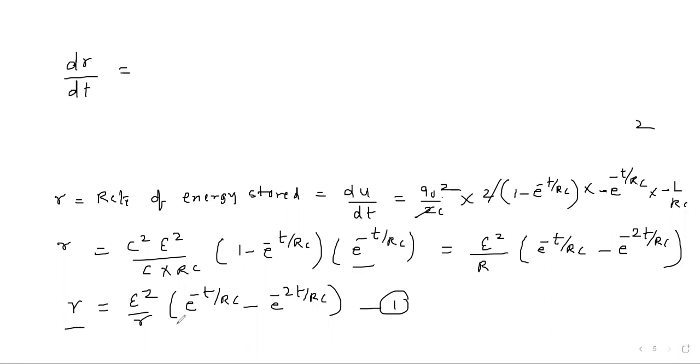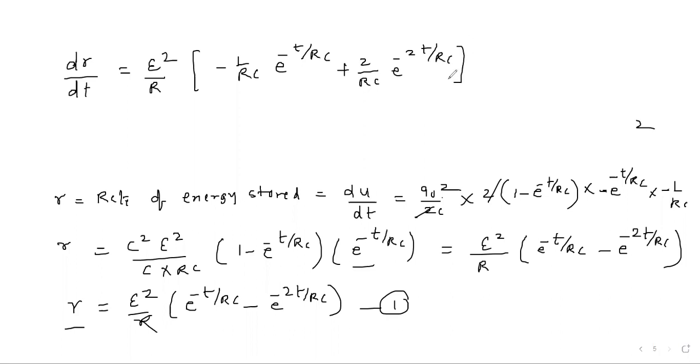So differentiation of this, e square upon capital R, and differentiation of this will give minus 1 upon RC times e to the power minus t upon RC, and this will become 2 upon RC times e to the power minus 2t upon RC. For maximum value, dR upon dt must be equal to 0.